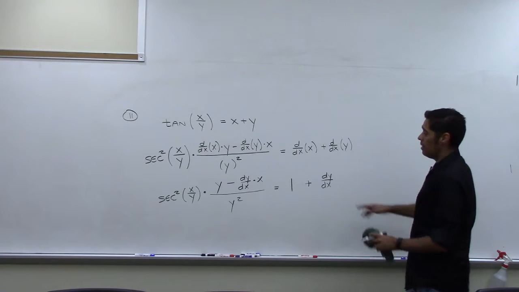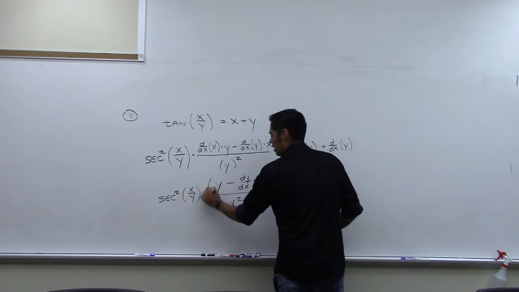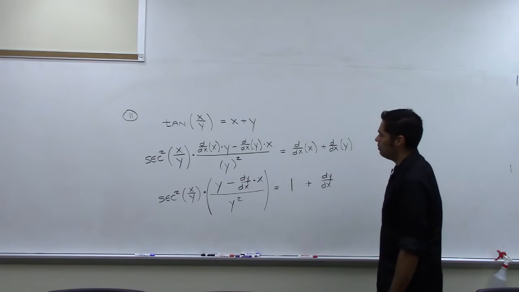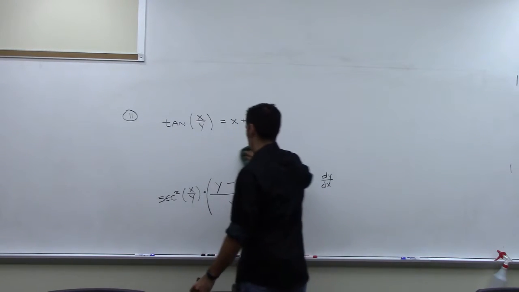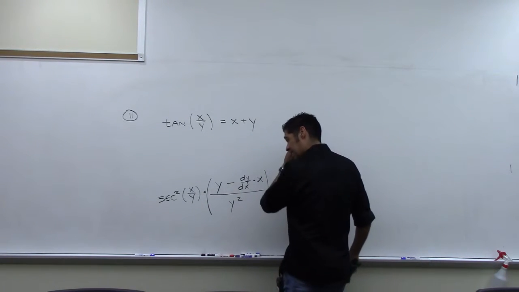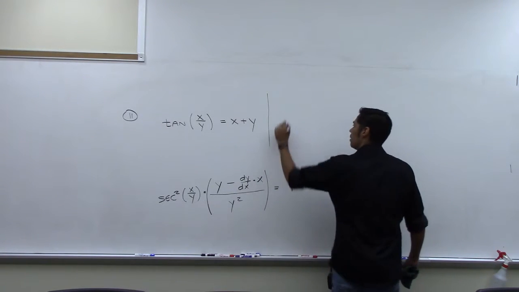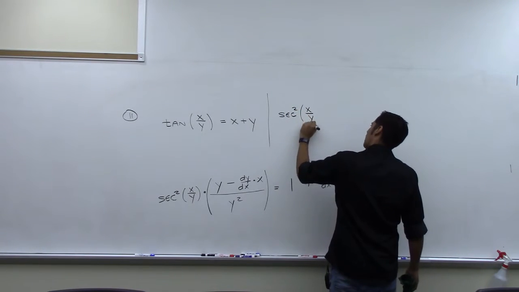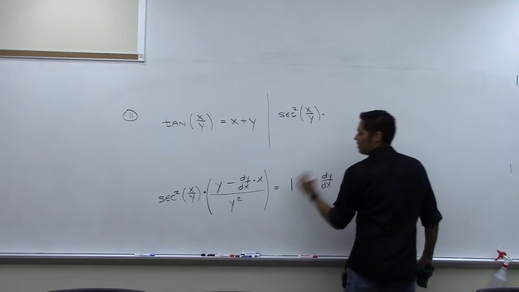All right, so here we need to isolate this, but there's another one in there. Remember, this secant is being multiplied through here. So I think what I'll do is distribute. Well, let me rewrite this part first. We've got secant squared of x over y times, now I can split this into two terms.